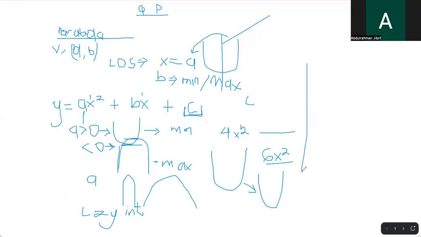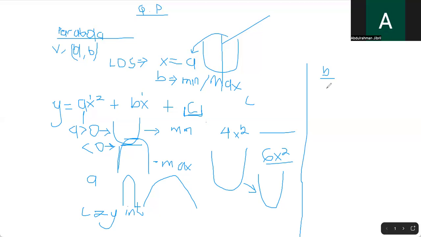You might be asked, what would be the essence of B? B is very special. Now, the B here tells us the slope or the gradient of the graph.